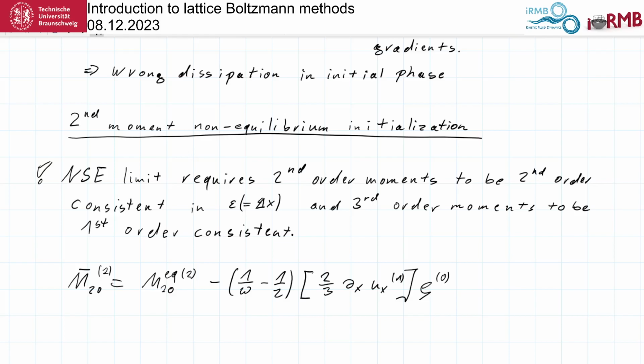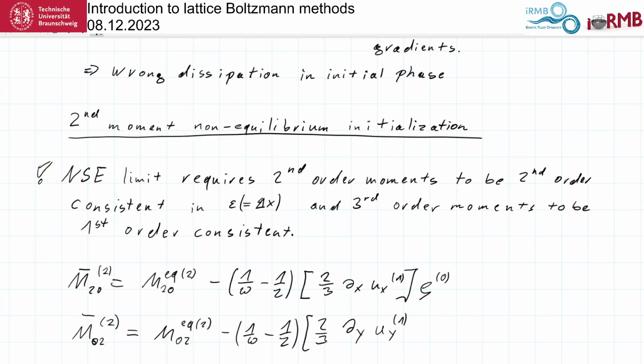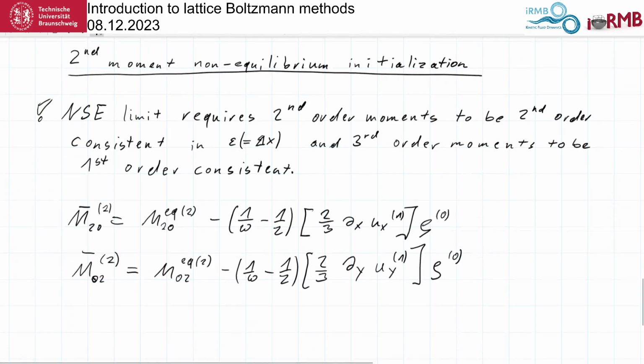This would be the second order of this moment. Then the second order of the other moment, of course, looks the same. Second order is m02 equilibrium second order minus 1 over omega minus 1/2 here 2/3 dy uy first order rho into zero order, which is a constant.